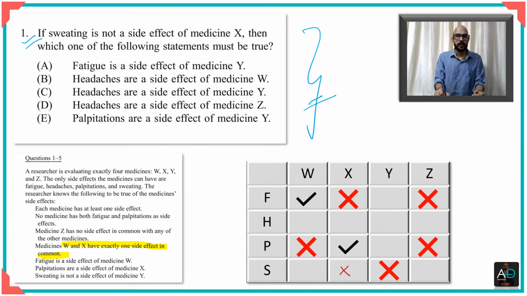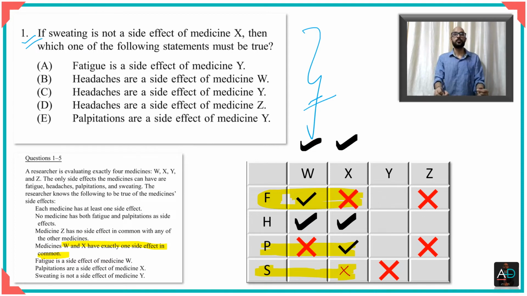Now that side effect is not F, because as you can see, it's not common. If it is common, what that basically means is that both W and X should have a tick. That's what common means, right? So as you can see, it's not F, it is not P, and since there's a cross here, it cannot be S, which means that the common one would have to be H, right? So this is what I can infer.